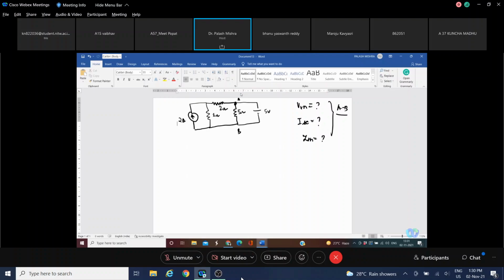First of all, it's better to find the ZTH value because that is common in both. Let me know the ZTH value, the Thevenin's equivalent impedance across the terminals A and B. Three ohm.